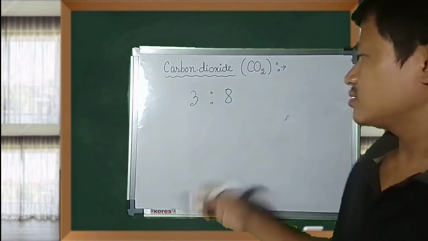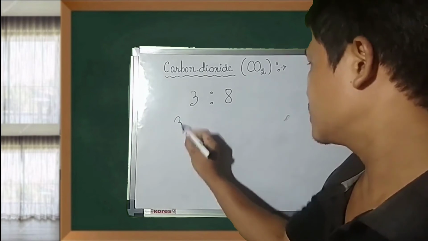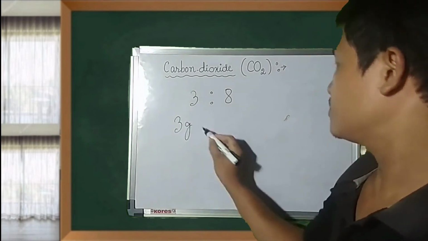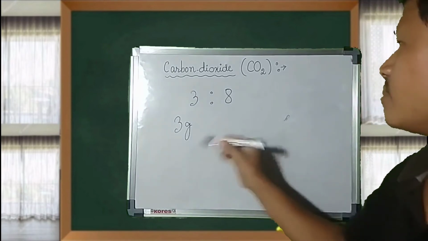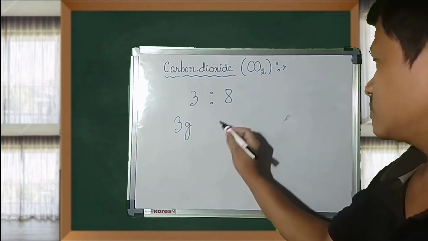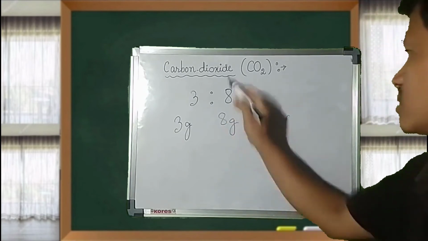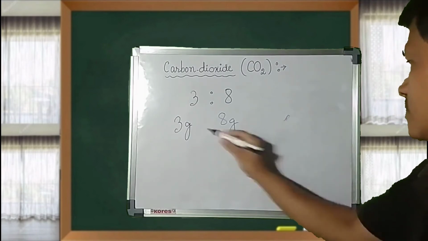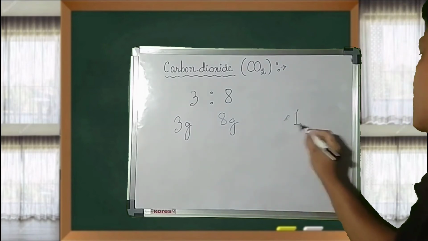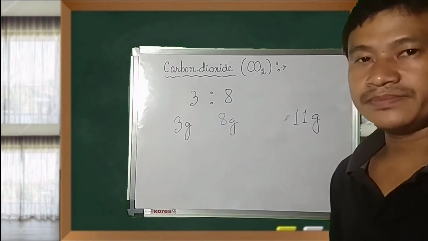That means when 3 grams of carbon combine with 8 grams of oxygen, then 11 grams of carbon dioxide is formed.